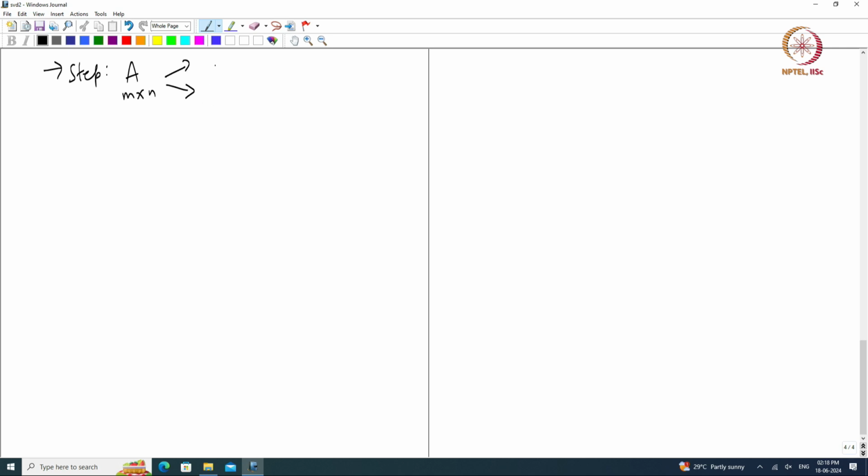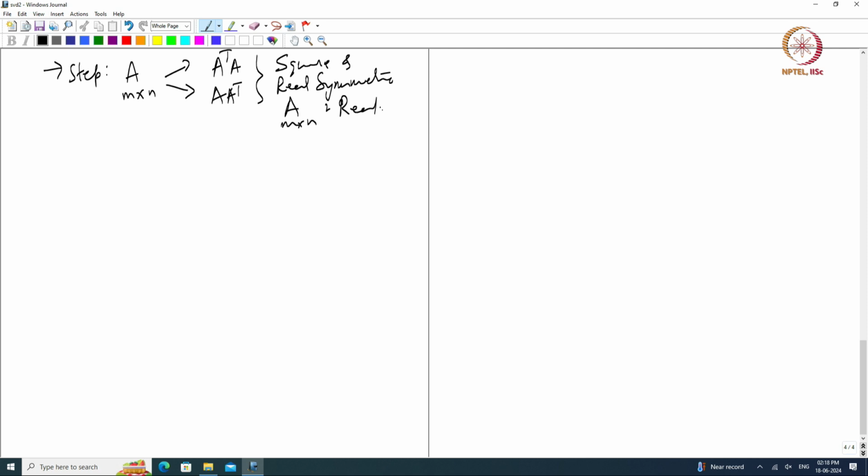There are two square matrices associated with this: A transpose A and A A transpose. These are both square and real symmetric whenever A which is m cross n is real.